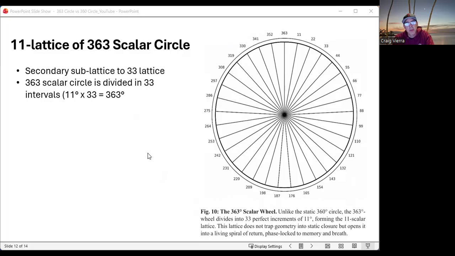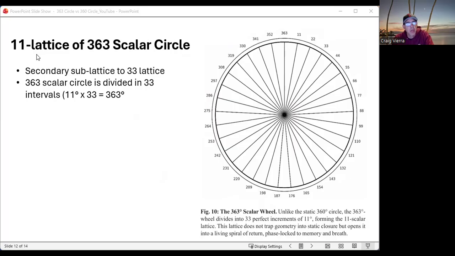Okay, so now there is something else I'm introducing. I'm very excited to introduce this: we can make a secondary lattice that I will call the 11 lattice. We still have the 363-degree circle, but before I was just showing you 33, 66, 99, 132, 165, but we can make this a triad, and we can make it 11 degrees and 22 degrees and then 33 degrees.